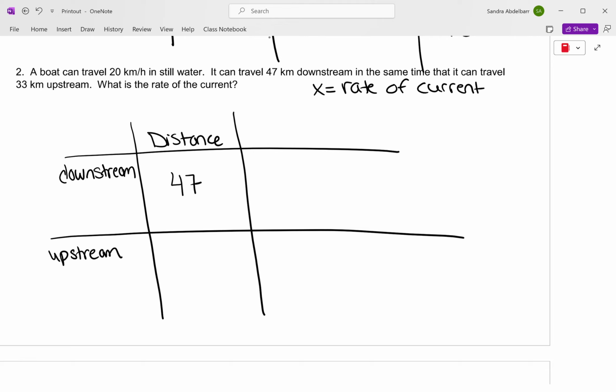We definitely know the distance, right? So it says a boat can travel 20 kilometers in still water, right? That's not upstream or downstream. It can travel 47 kilometers downstream. So our distance is in kilometers. So we're 47 downstream in the same time that it can travel 33 kilometers upstream. So upstream is 33.